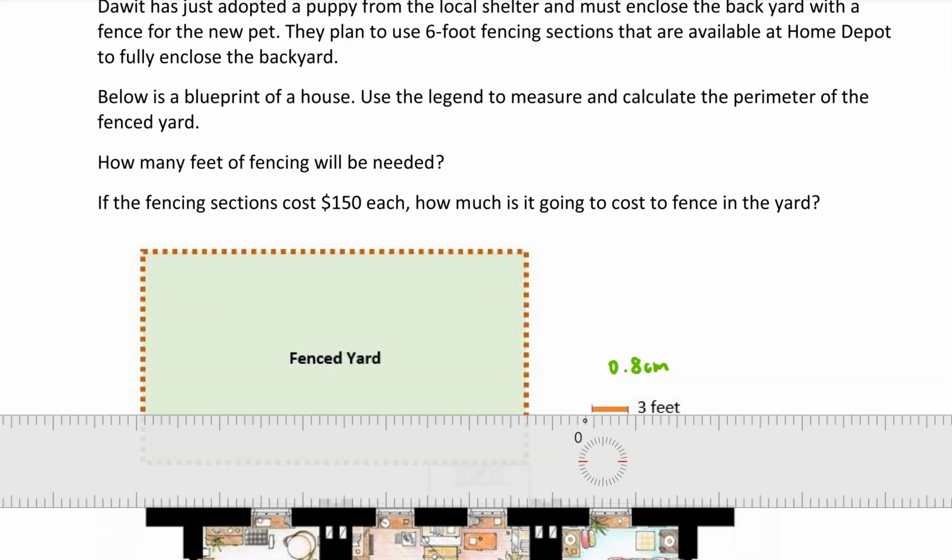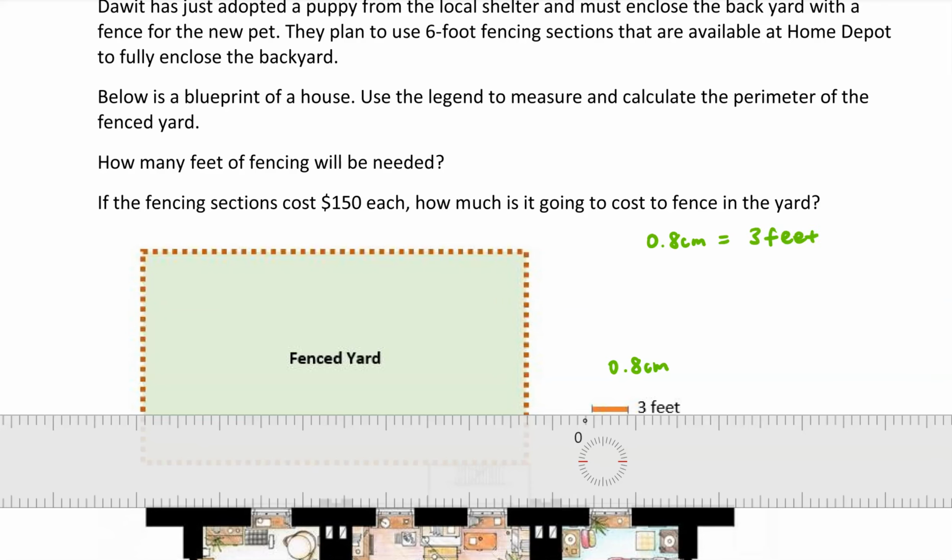The distance from the big tick mark to the next big tick mark is 1 centimeter. Notice that it's going 1, 2, 3, 4. It's hitting the 4th tick mark. So that means that the way that this is scaled, 0.8 centimeters is equivalent to 3 feet.